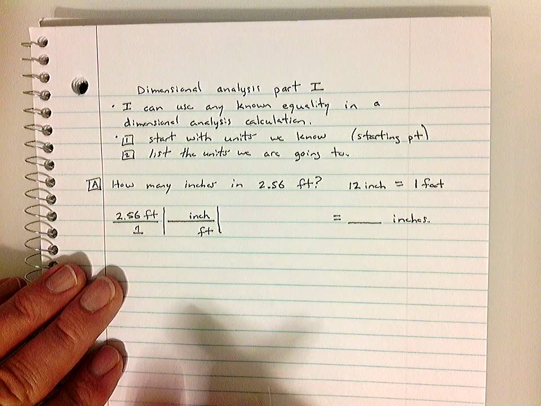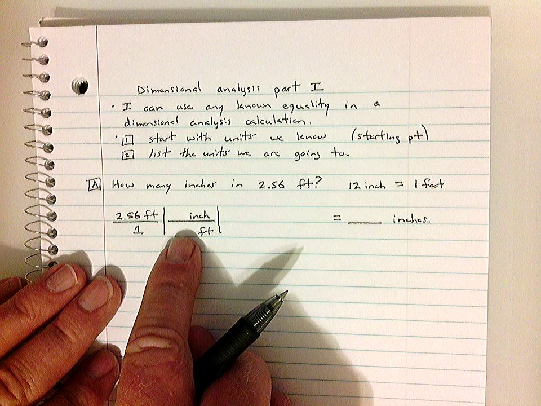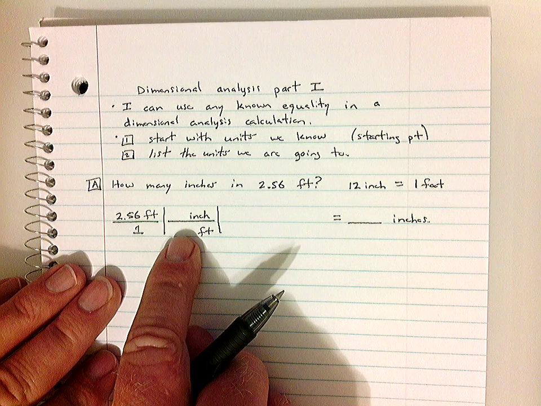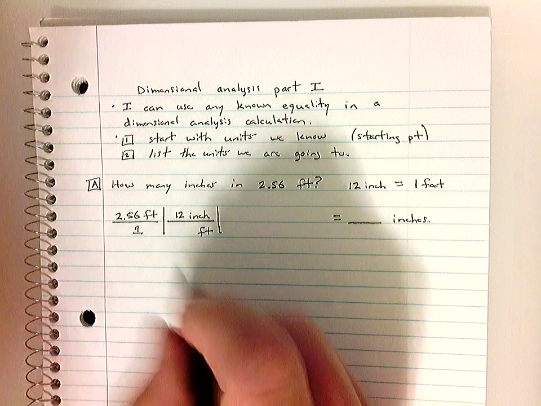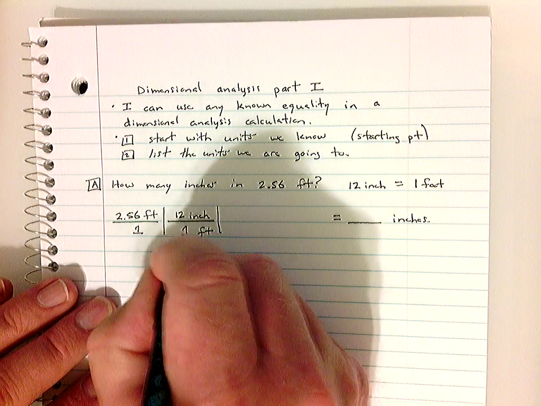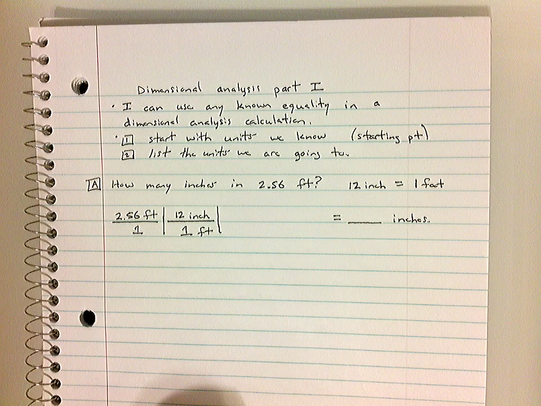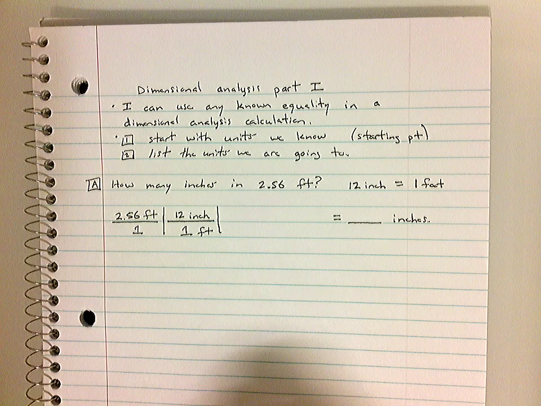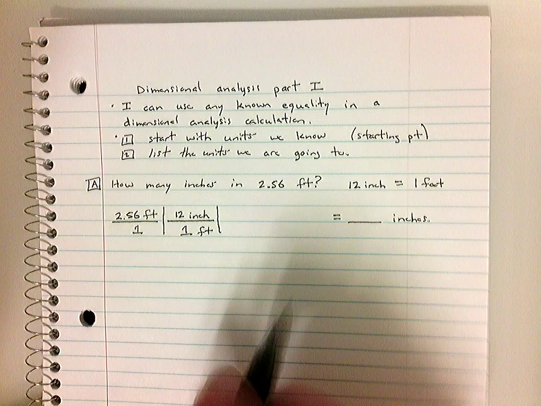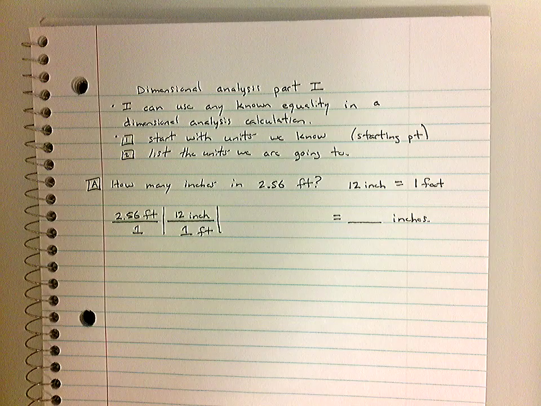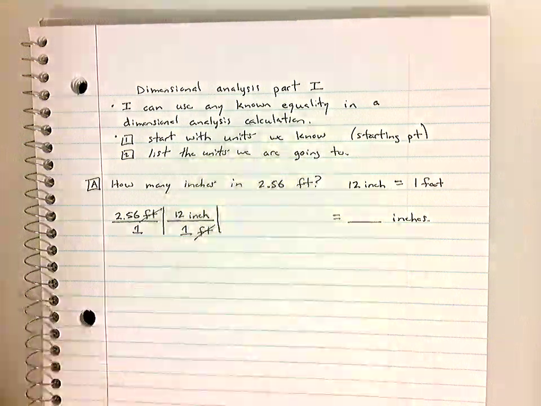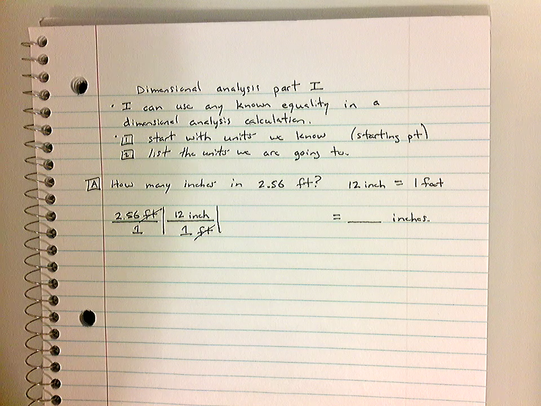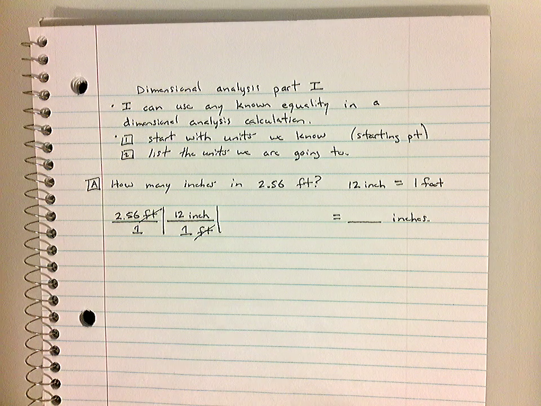Once we know for certain we have our units correct, we're going to put the numerical values in. There are 12 inches in 1 foot. At this point, units of feet will cancel out.